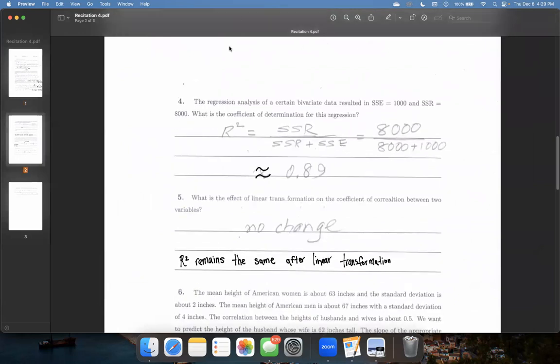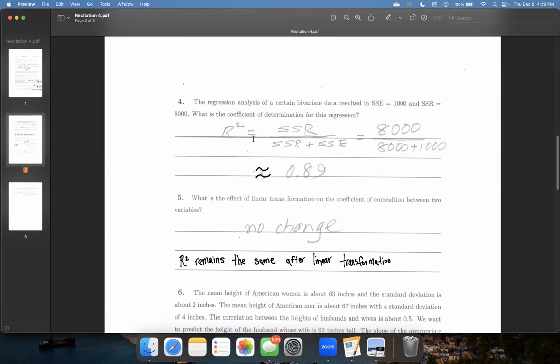So the regression analysis of a certain bivariate data resulted in SSE equal to 1,000 and our SSR equal to 8,000. And then what is the coefficient of determination for this regression? So it's asking us what is our R squared.